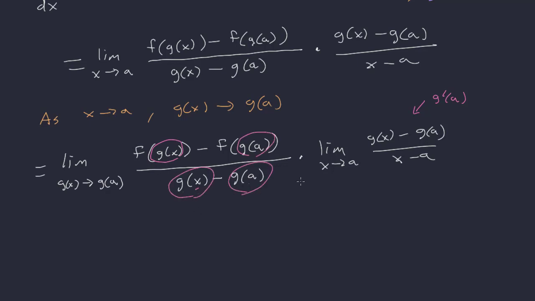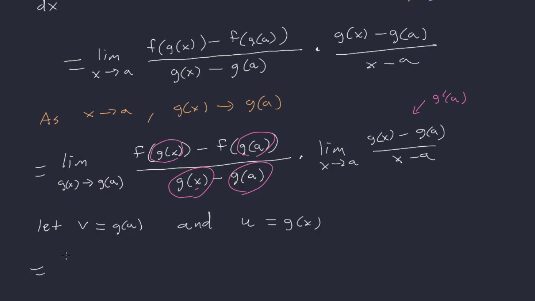It's almost like if we let u go to g of a, which we could call v. So let v be g of a and u be g of x.